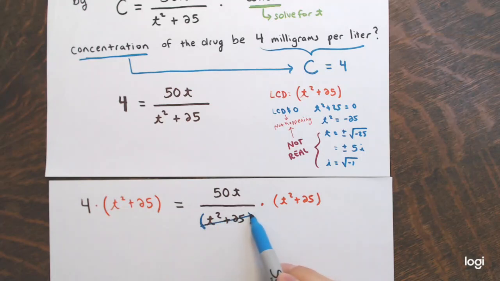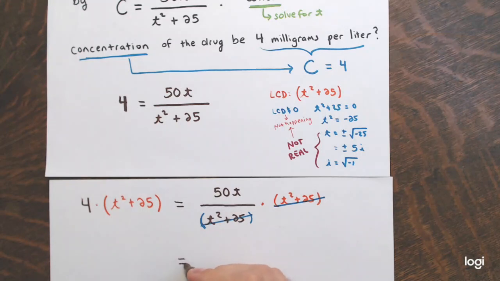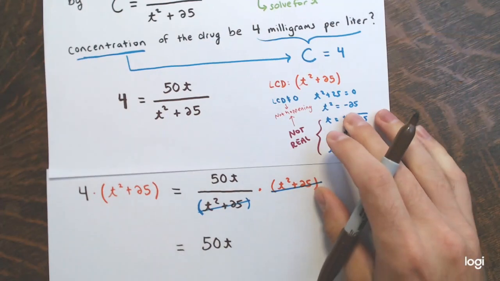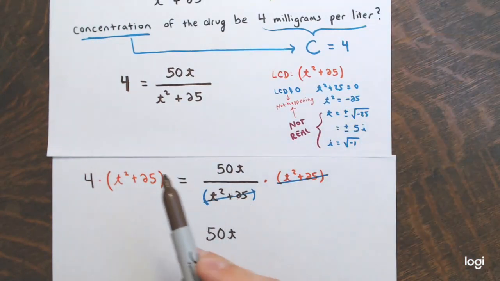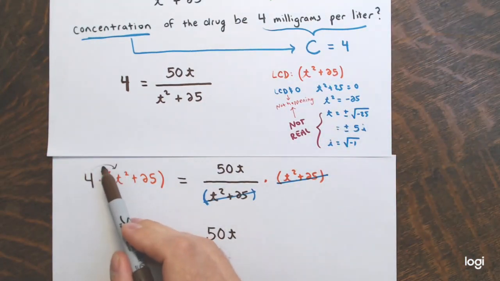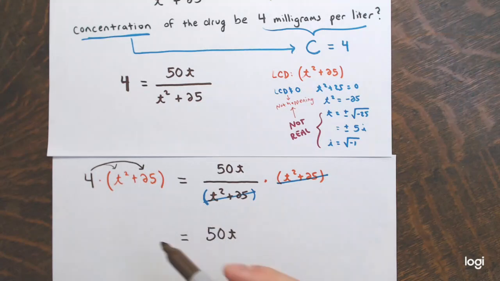So the factor of t squared plus 25 in the denominator and a factor of t squared plus 25 in the numerator, all I'm left with on the right side is 50t. And then on the left side, I want to simplify that a bit and distribute the 4. 4 times t squared plus 100 is equal to 50t.